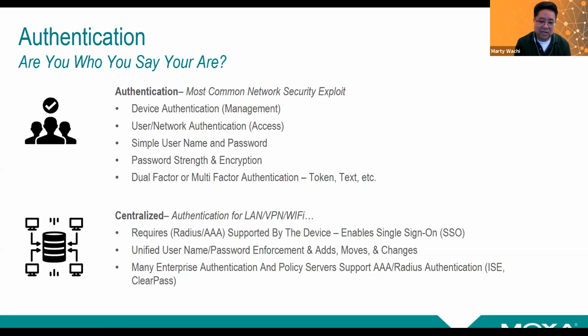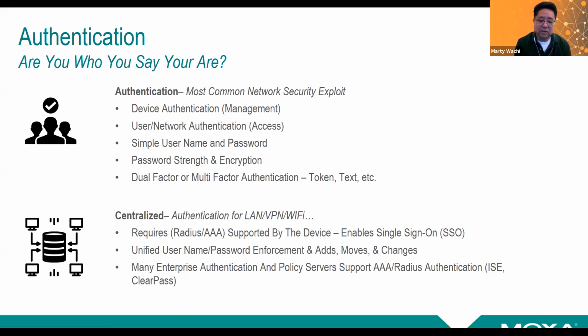It does require a RADIUS or AAA or some other type of centralized authentication server, but it does enable single sign-on, which means your username and password can be the same for authenticating to the network, the VPNs, the wireless, and it also makes it easier for adds, moves, and changes. So when you have an employee leave, you can make sure that all their credentials are revoked at the same time, and you don't have to go machine to machine or device to device and make sure that it's been cleared out or updated.